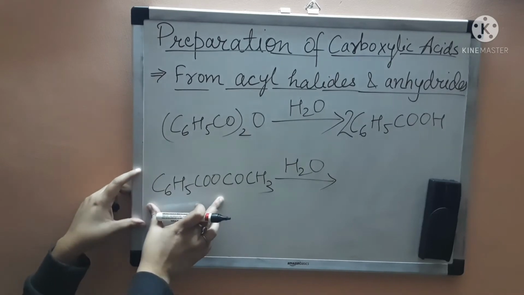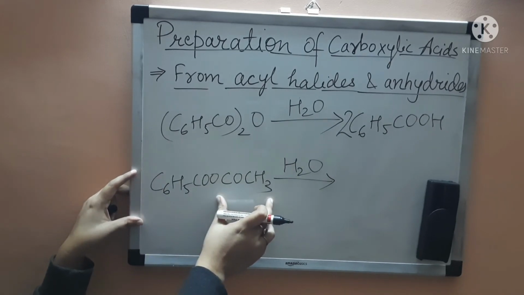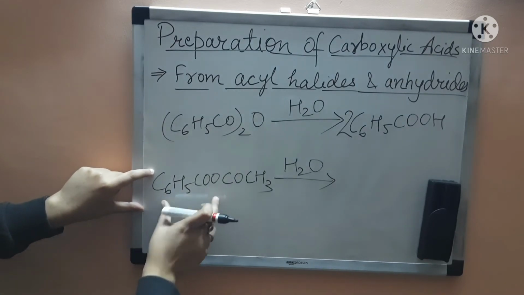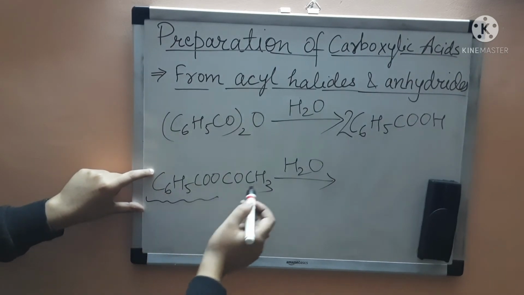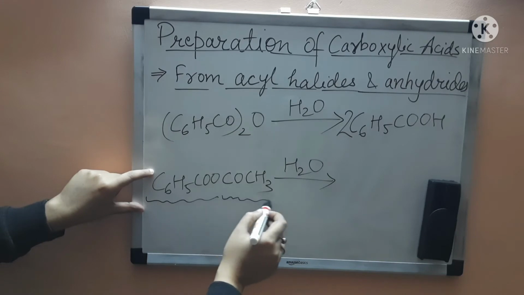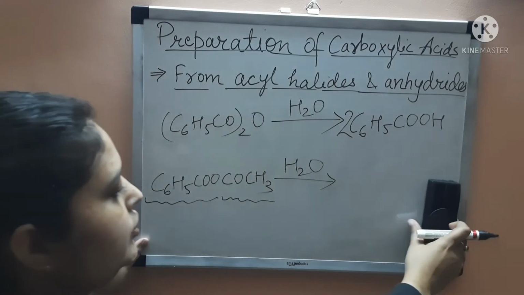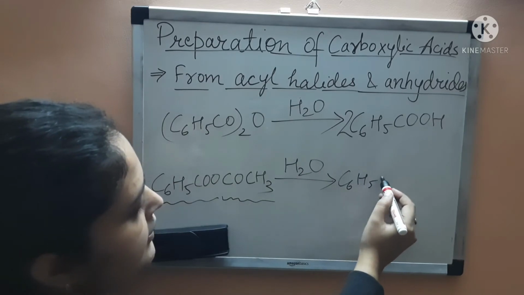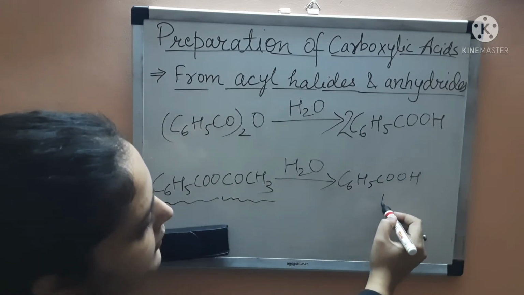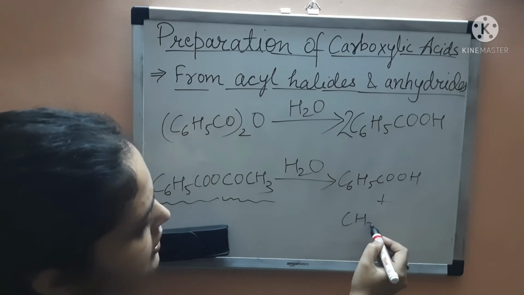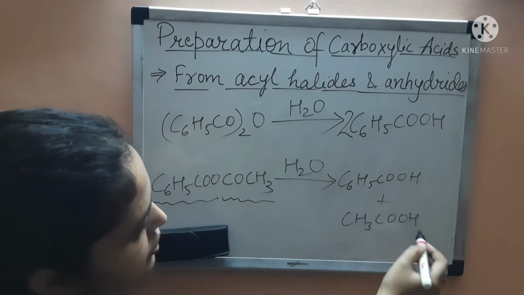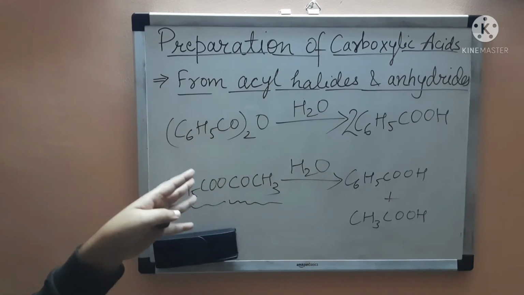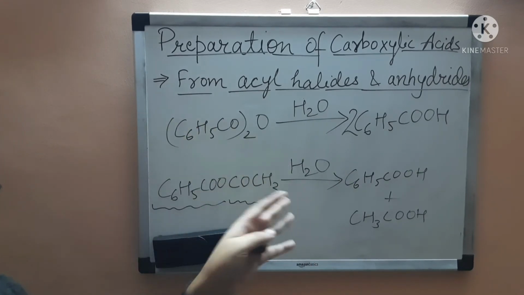First you will get benzoic acid, and second you will get ethanoic acid, because from the two carbon atom part you can get ethanoic acid. So you will get C6H5COOH plus CH3COOH. So this is how we can produce carboxylic acid from anhydride. Just simply hydrolyze it with water.